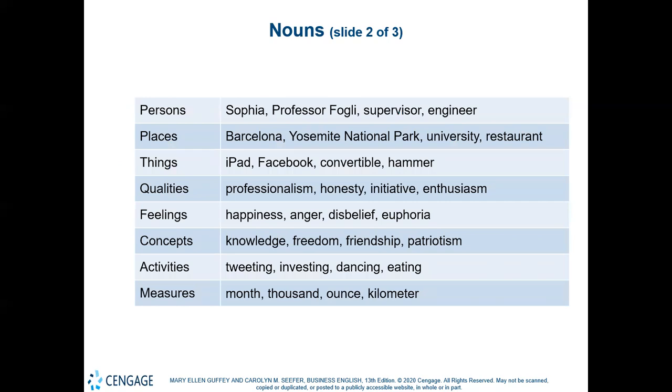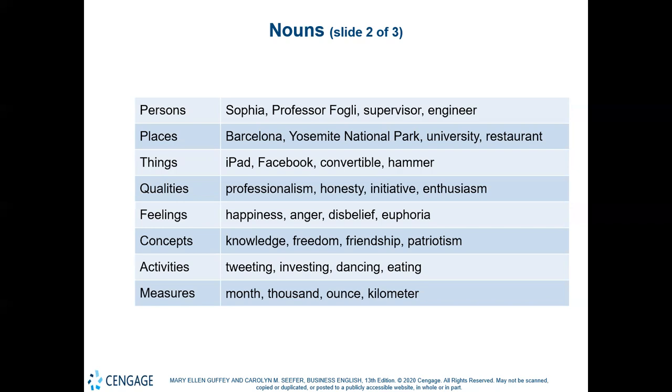Here are some more noun examples. Persons: Sophia, Professor Frogley, supervisor, engineer. Places: Barcelona, Yosemite National Park, university, restaurant. Things: iPad, Facebook, convertible, hammer. Qualities: professionalism, honesty, initiative, enthusiasm.